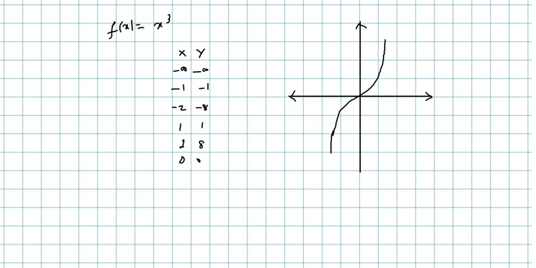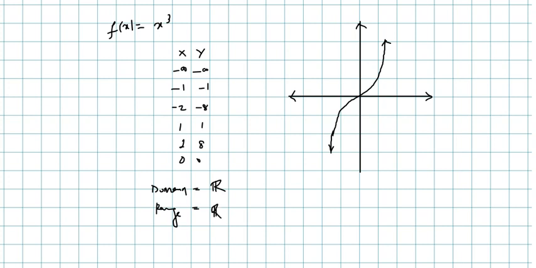The x values give me the domain and the y values give me the range. You can see that the domain is definitely the set of real numbers. The range will include 0 also, so it will again be the set of real numbers.